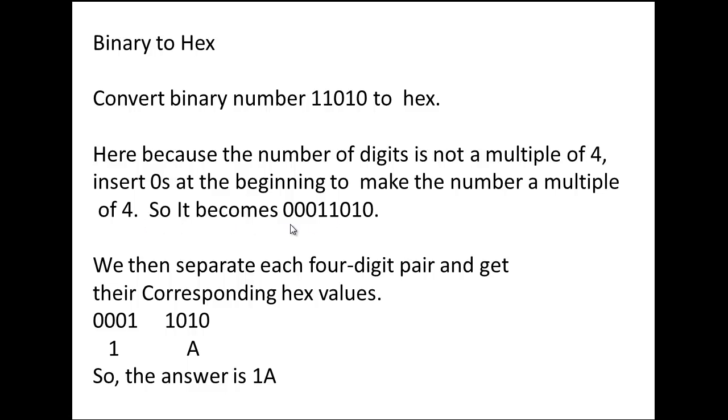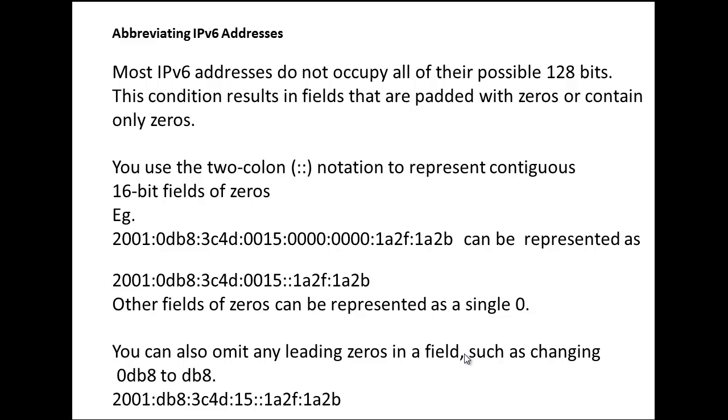So it will become 00011010. You then would separate each 4-digit pair and you would get the corresponding hex values. So you would have 0001, which would give you 1 in hex, and then 1010, which would give you A in hex. So the answer would be 1A.